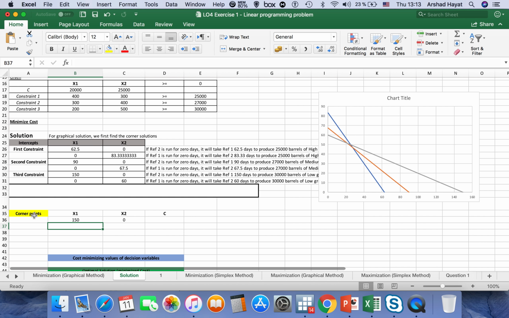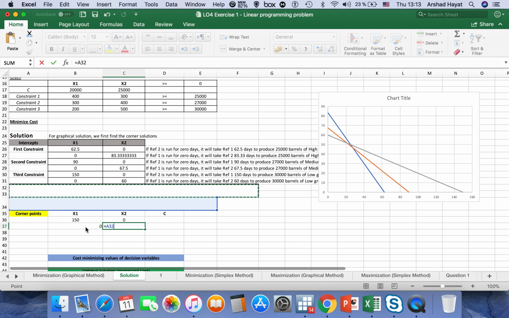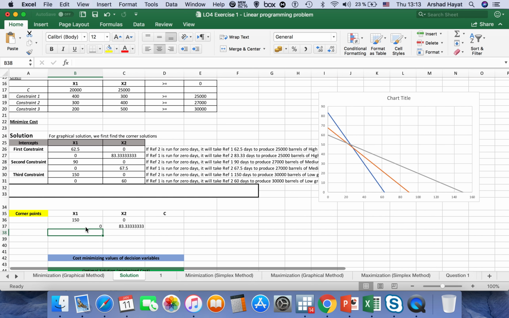Now what is this third point? These are corner points, right? I'm simply pointing out the corner points. This is one corner point. This is another corner point, which is 0 and 83.33. I'll simply put this as 0 and 83.33. The third one, I'll put in the center so that we all see it the same way. Do you see this point?